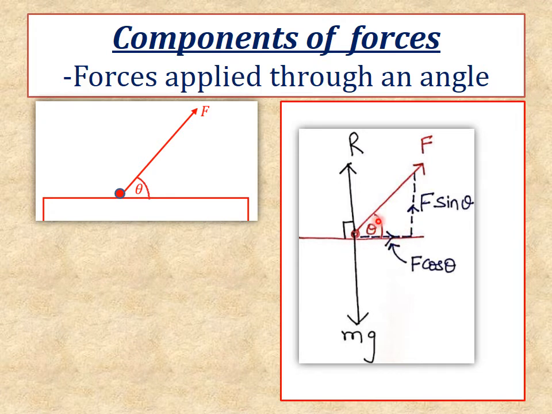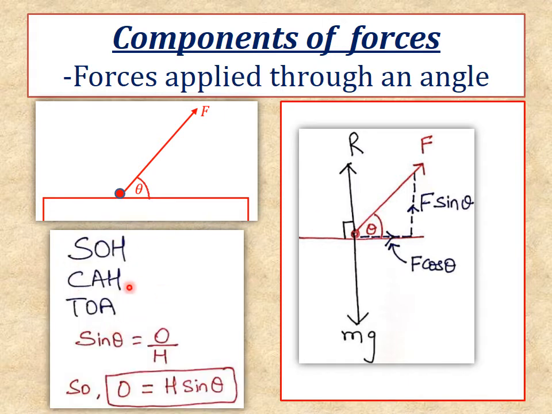Now if you remember your SOHCAHTOA, sine is opposite over hypotenuse, cosine is adjacent over hypotenuse, tan is opposite over adjacent. If you rearrange the formula, opposite is hypotenuse times sine theta, which is exactly what happens here. The vertical component is opposite to this angle, and the hypotenuse is the force itself.